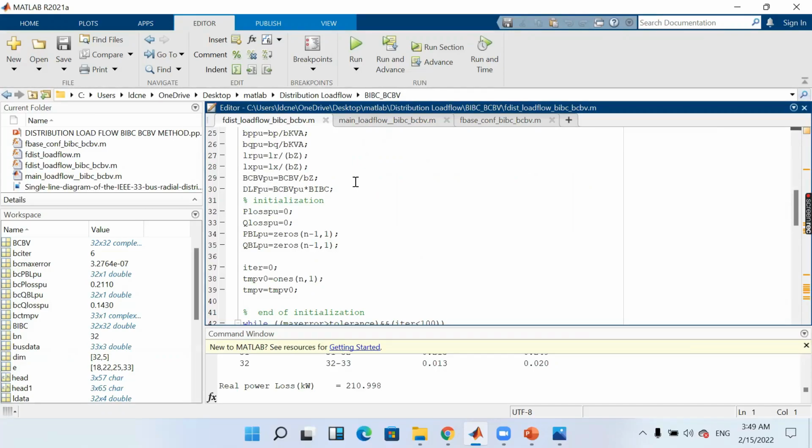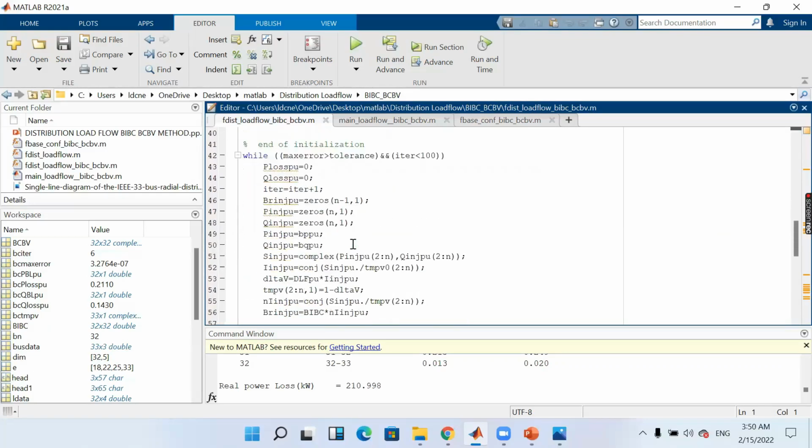As we already know, it is the matrix which has branch impedances as its elements, so we have to take the per unit value of that. After calculating that, we can also calculate DLF PU as BCBV PU into BIBC matrix.